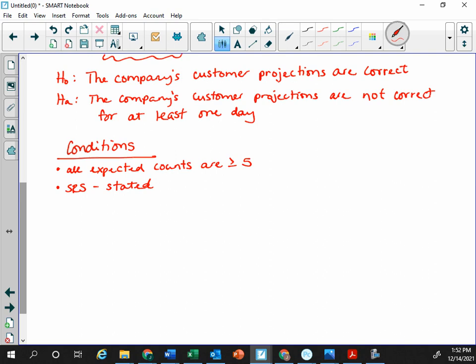All right, so let's go through what we would actually do on our calculator here. We'll write down our formula and then we'll look at how we key it all in. So our chi-squared formula is just the summation of observed minus expected squared over expected. And then go ahead and get out your calculator.